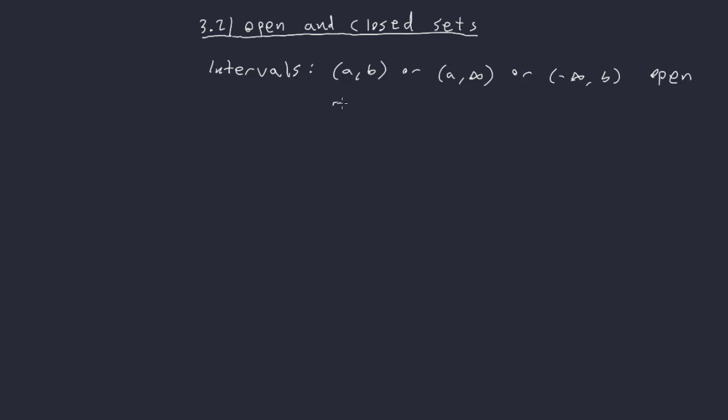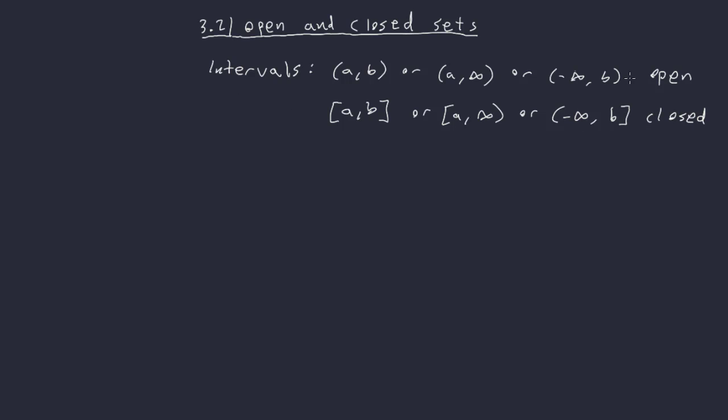Whereas on the other hand, when we close off the brackets, so [a, b], or [a, infinity), or (negative infinity, b], these are closed.